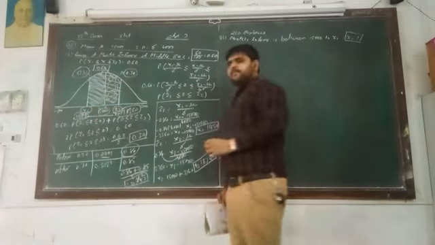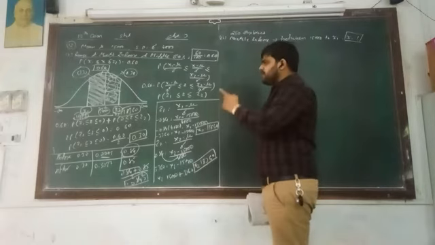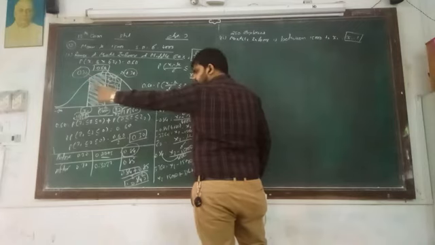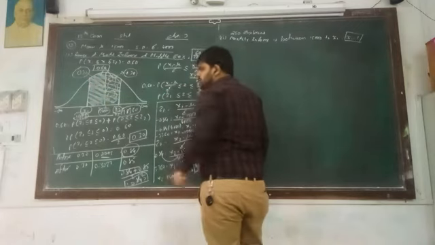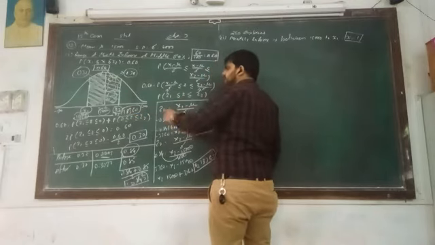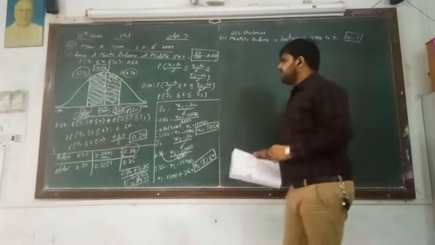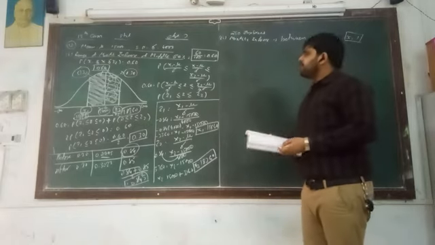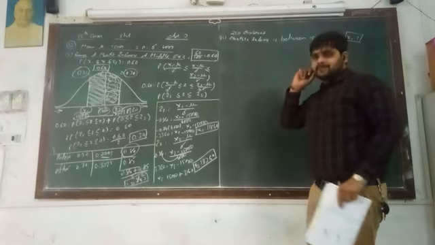So the middle is 15,000, 30% on the left-hand side is less, that is 11,640, and 30% on the right-hand side is 18,360. In this way we can find the middle 60%.